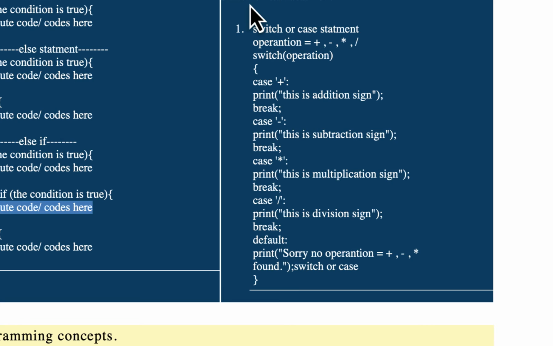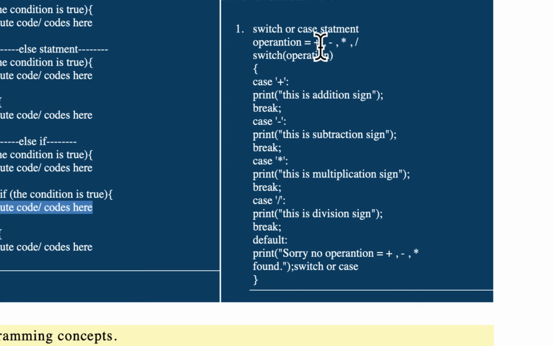For example, here we have a variable we call operation, and on this variable we give multiplication, minus, plus, and divide. And we want to act based on the selection of the user for each case.